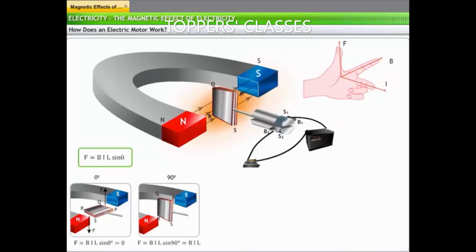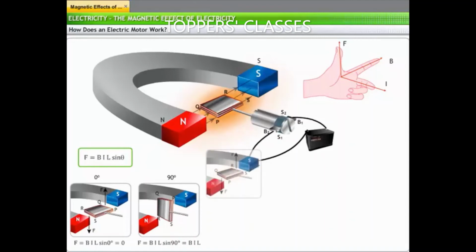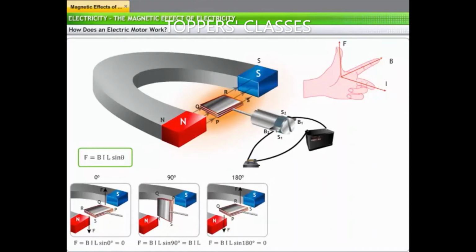However, the coil rotates further through 180 degrees due to inertia. The plane of the coil becomes horizontal again. When the coil rotates by 180 degrees, the split rings also rotate along with the coil. Now, the split ring S1 connects end PQ of the coil to carbon brush B2.